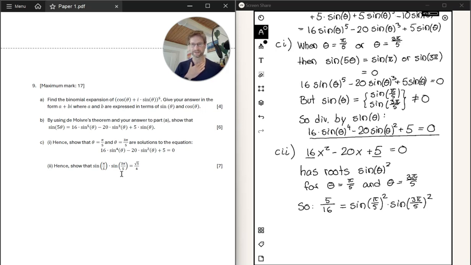The product of the two roots that this polynomial has is equal to the constant coefficient over the x squared coefficient. And that leaves us with, well, since sine of pi over 5 and sine of 3 pi over 5, both of those angles are smaller than pi, so their sine values are positive, then we can actually take a square root on both sides and say the square root of 5 divided with the square root of 16 must be equal to sine of pi over 5 times sine of 3 pi over 5.